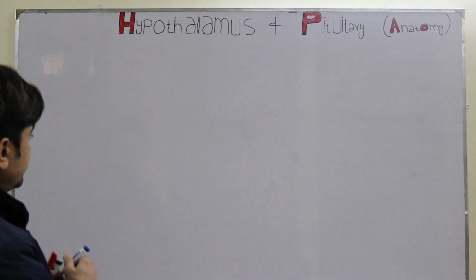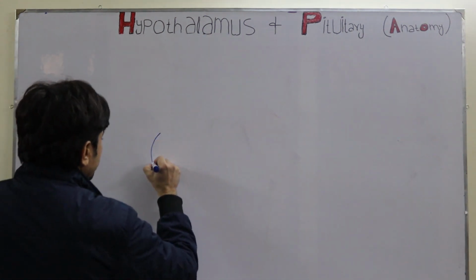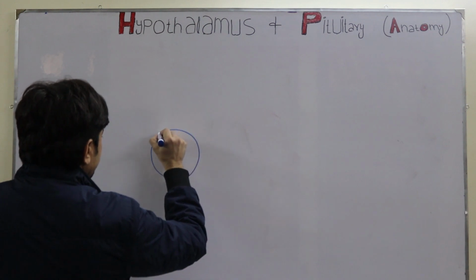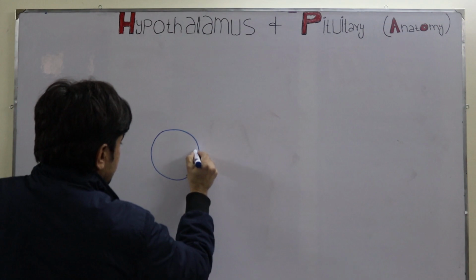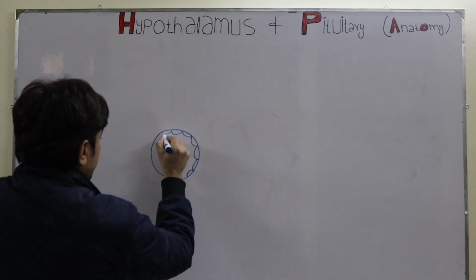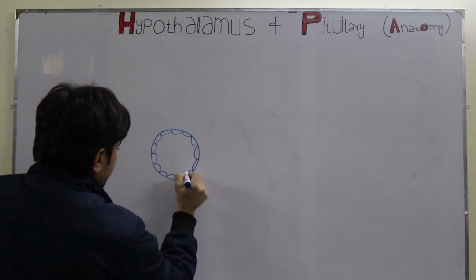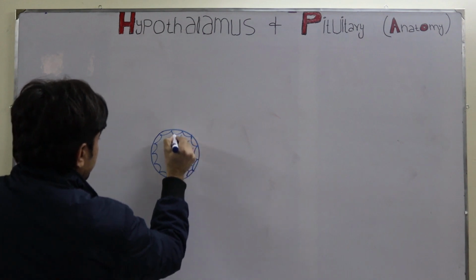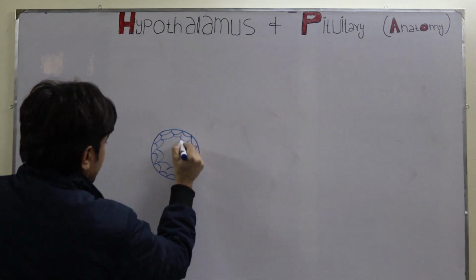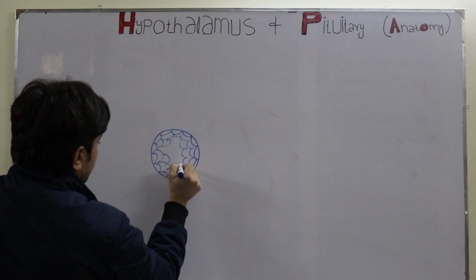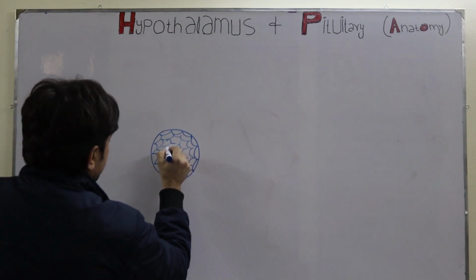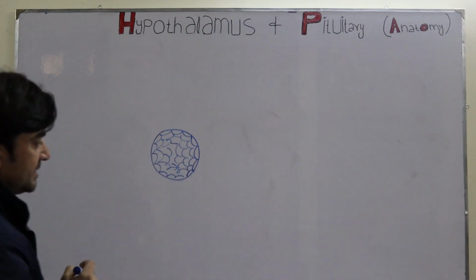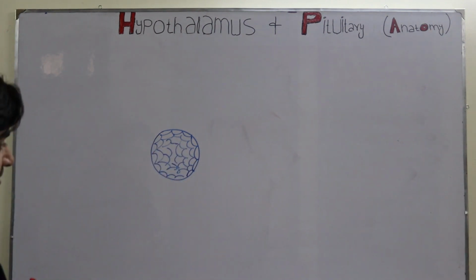So I will show here from which region of the embryonic nervous tissue hypothalamus developed. Let's suppose this is the result of cleavages and regular mitosis: a lot of cells are produced. We will talk about what cleavage and mitosis are when I discuss the development and aging chapter.